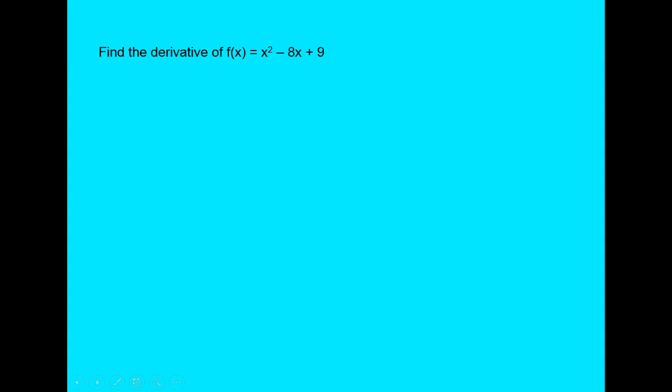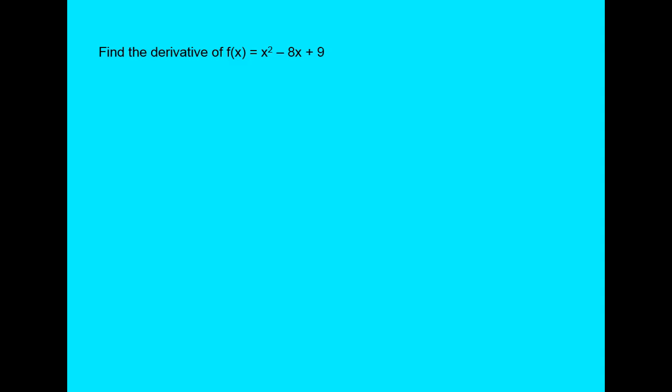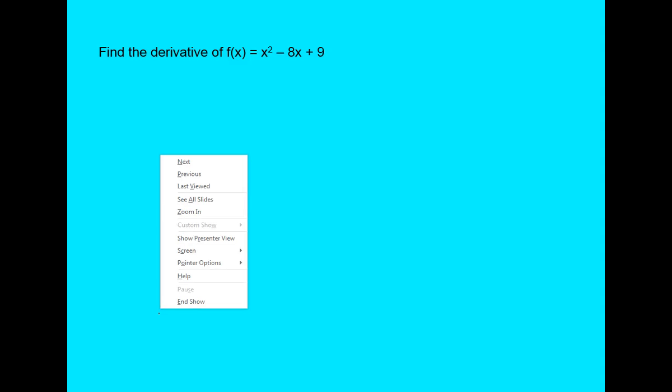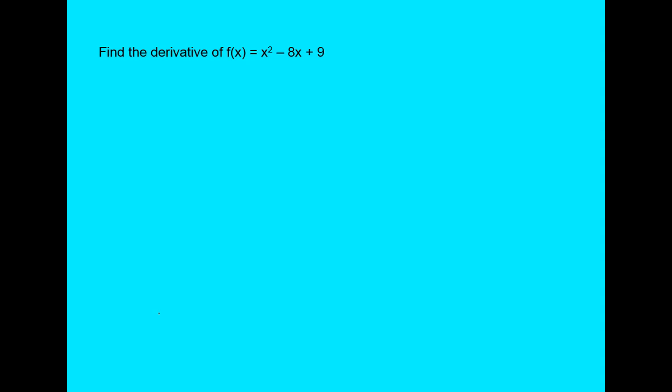Let's find the derivative of f of x, which is x squared minus 8x plus 9. The derivative is defined as f prime of x.